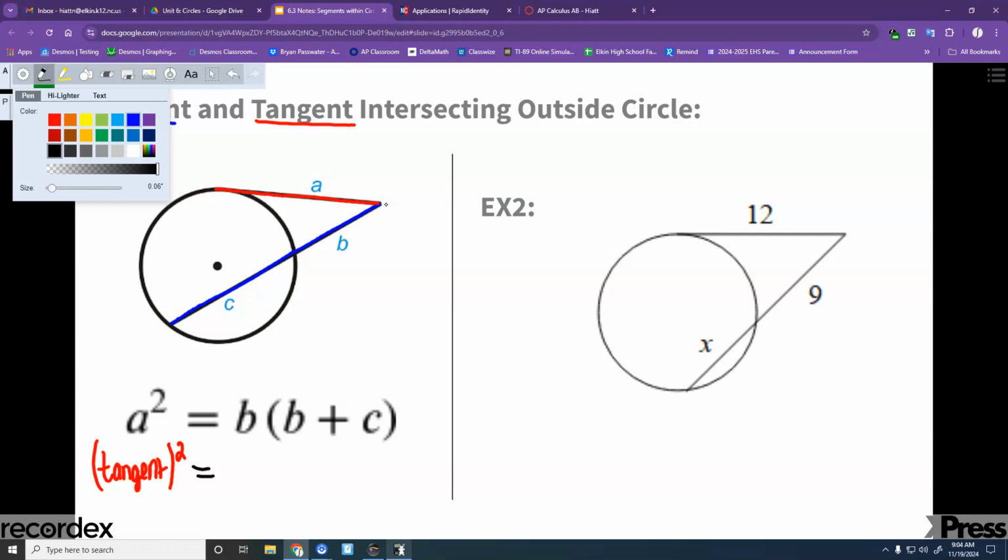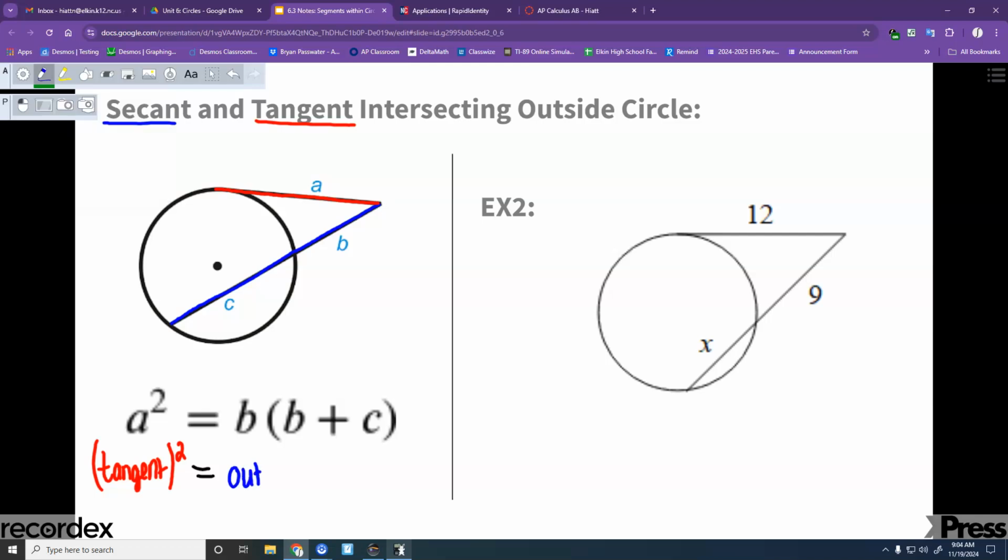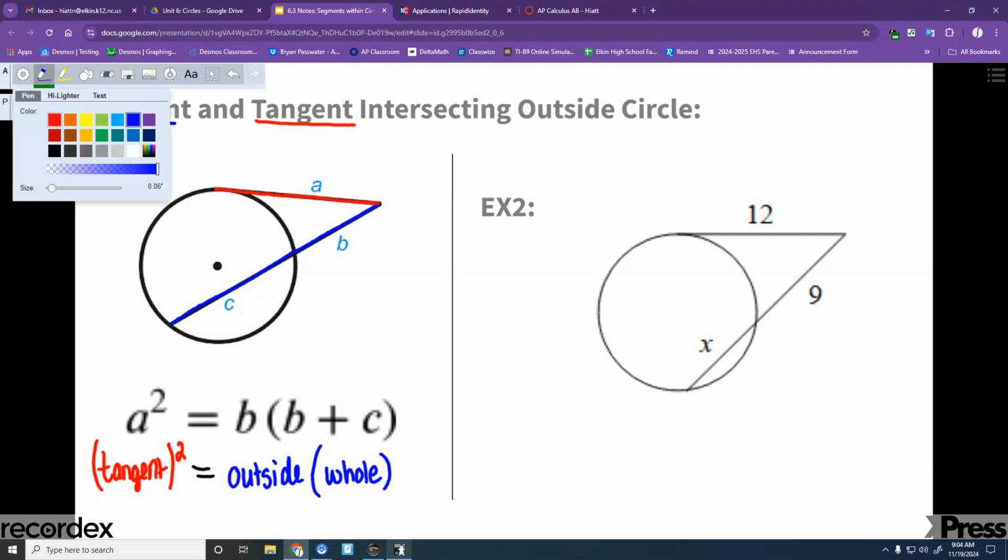And the way I usually write that, b is your outside part of the line, and then b plus c is the whole line. So these are a little bit trickier, but definitely still doable with the formulas, right?